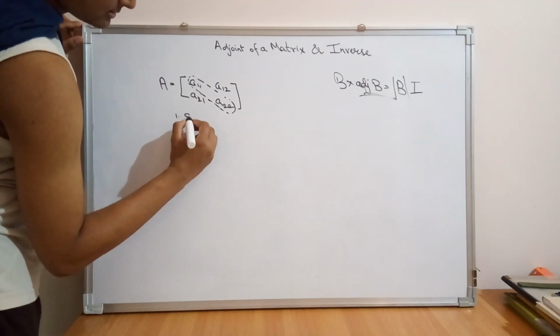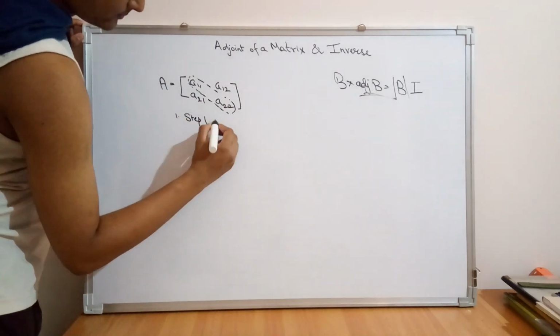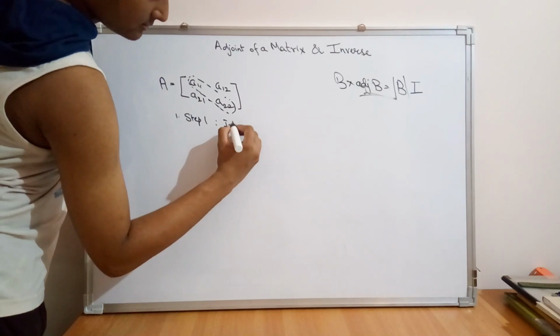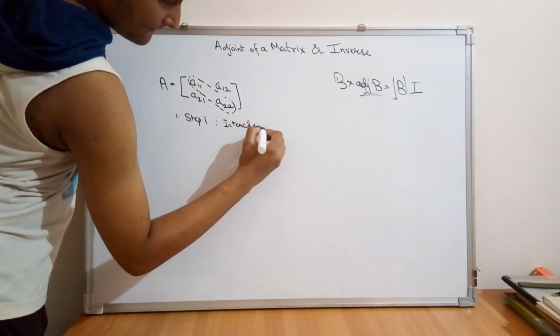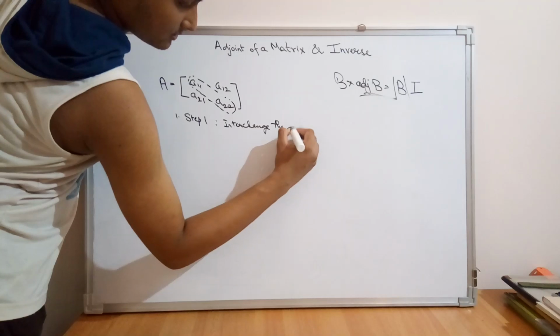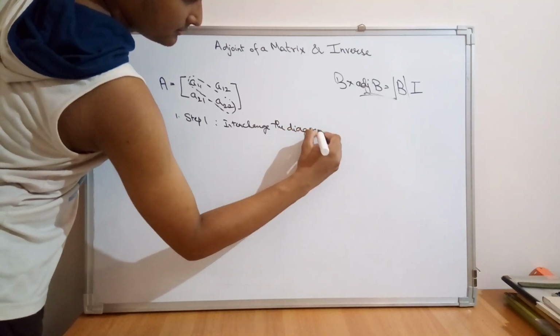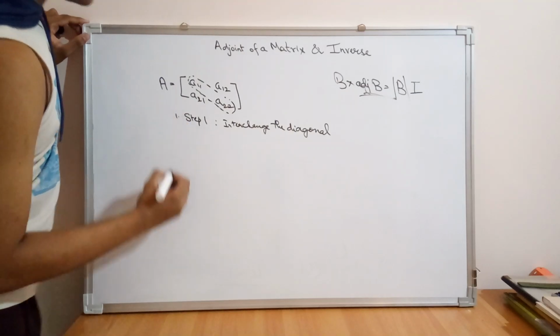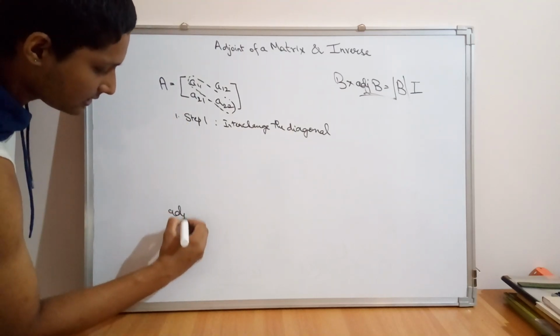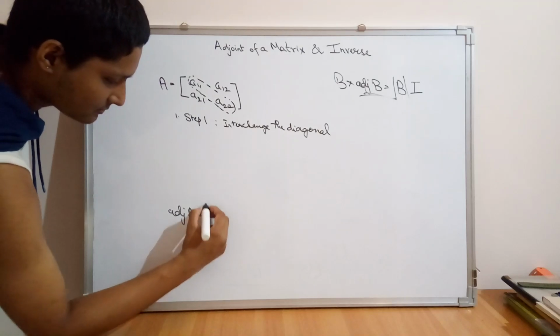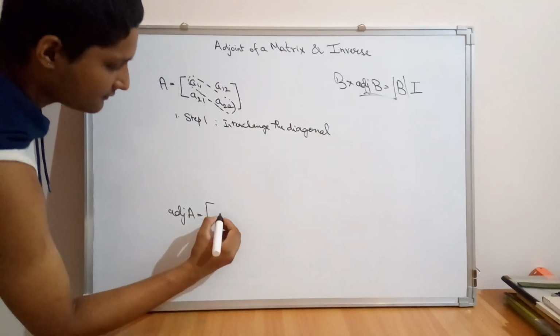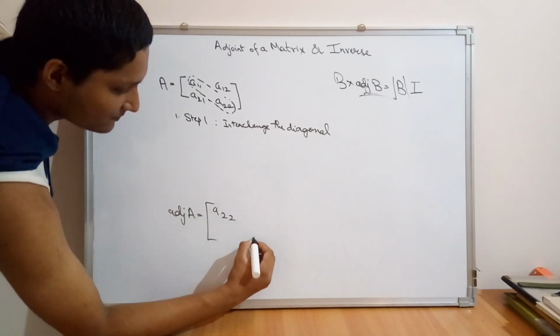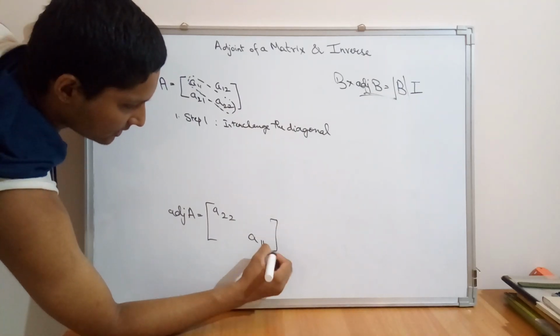Step 1, interchange the diagonal elements. So we'll just write adjoint of A here. If I interchange, this becomes A22 and this becomes A11.